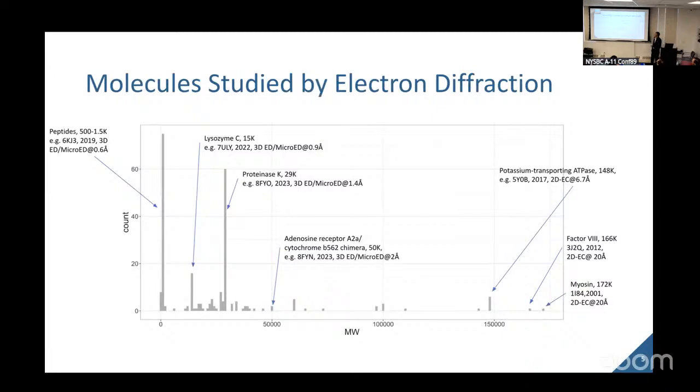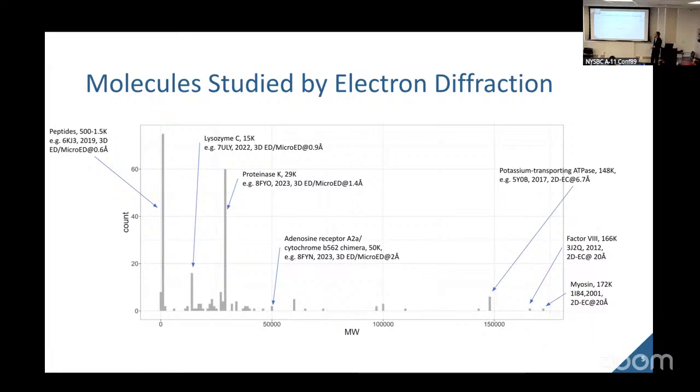Here, we just want to show some examples of the structures in the PDB resolved by electron diffraction. It's a distribution by molecular weight in daltons. From the very low end, you see a huge peak of small peptides at around 1K, and they can be resolved at a resolution up to 0.6 angstrom.